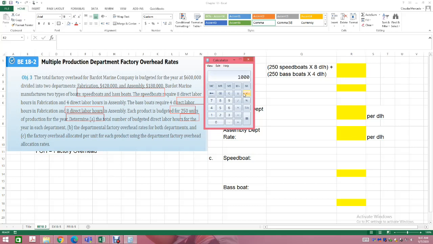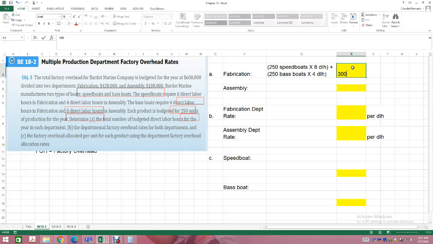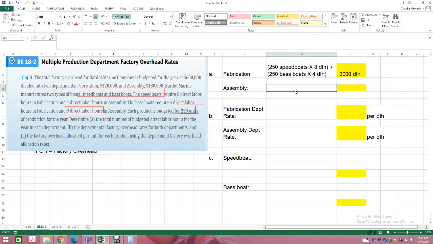So 2,000 from the speedboats plus 1,000 from the bass boats gives me 3,000 direct labor hours. So to fabricate the 250 boats of each category, I'm going to need 3,000 direct labor hours.